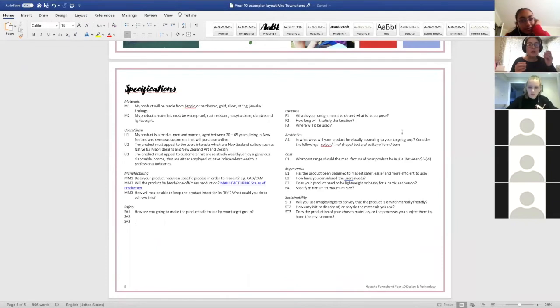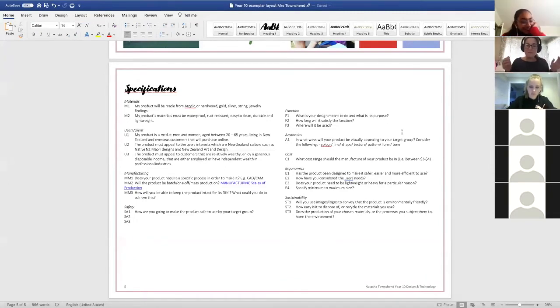So the function will be: my product must have a design that is representative of the New Zealand culture. Or if you want to be specifically Māori, then you can say the Māori culture. So the product must have a design that represents the Māori culture.